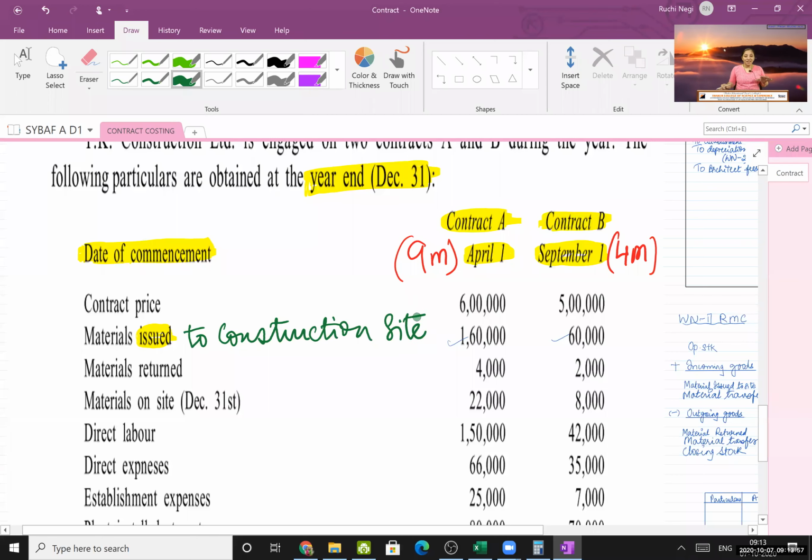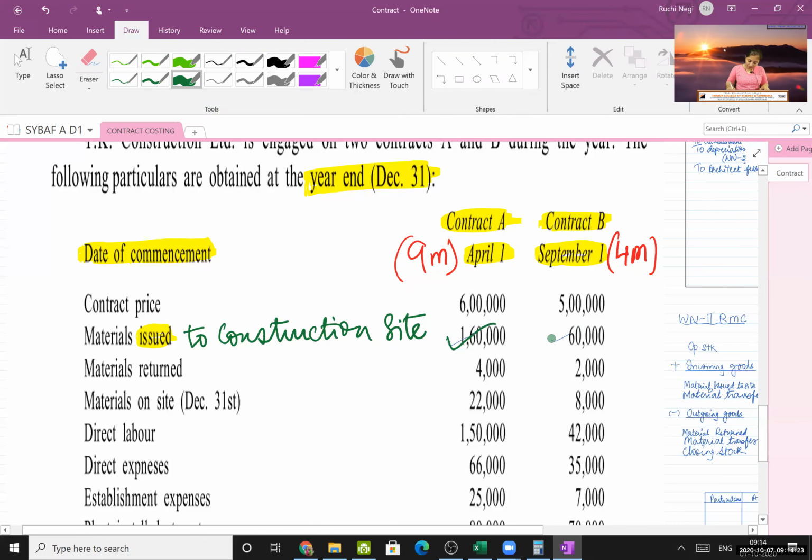Issued doesn't mean going out, but it means raw material issued to the construction site. So for the contractor, the construction site is the place where he will construct the building. So for him, this is an incoming of raw material, not outgoing of raw material. So this is the highlight.